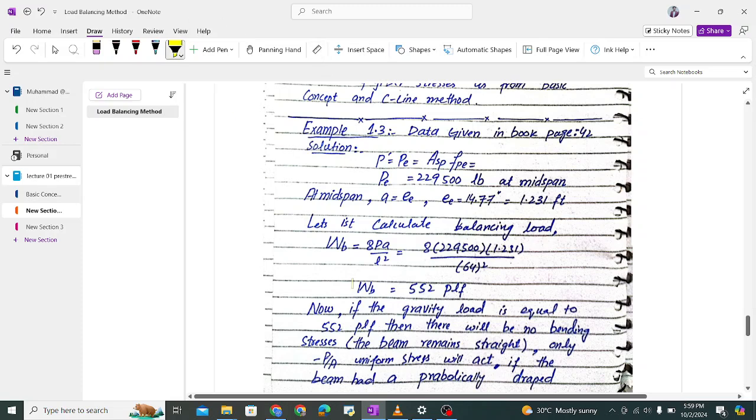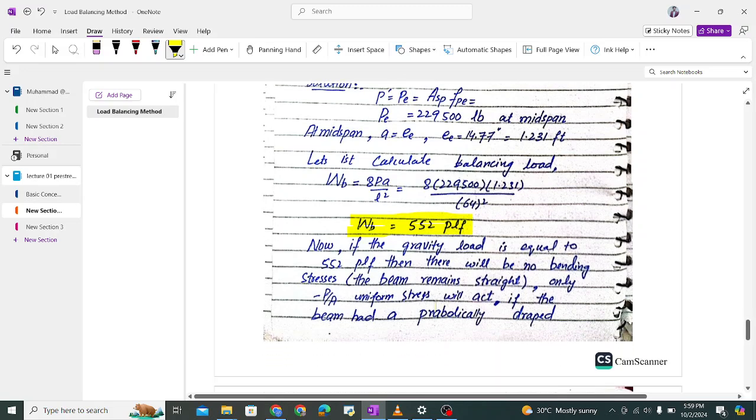So here is the concept now of the load balancing method. Note: if the gravity load is equal to 552 PLF, then there will be no bending stresses. The beam remains straight. Only the uniform stresses will act. Yes, definitely. If this is the balancing load from the tendon profile, and if the external gravity load is also the same, 552 PLF, then there will be no camber effect.